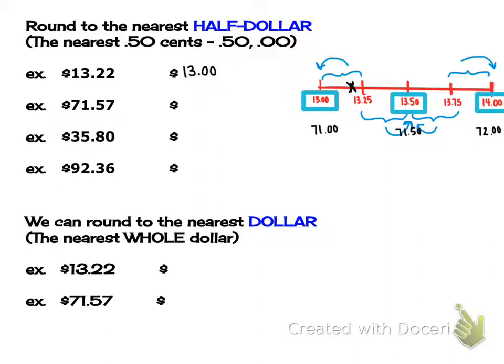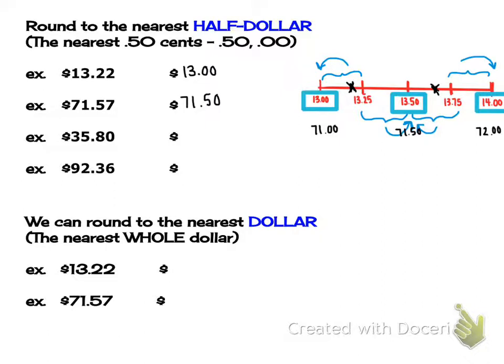So when you think about where 71.57 would show up, that would show up right here on the number line. So less than 75 cents. So that means it's closer to 71.50. You can even just ask yourself, is 71.57 closer to 71.50 or 72? Because it's over the $0.50. Let's try to do that with the next one.